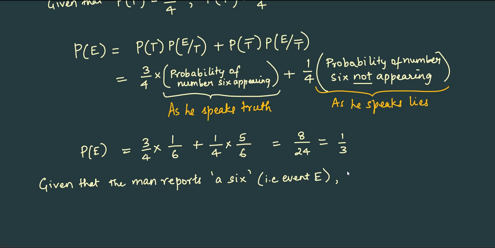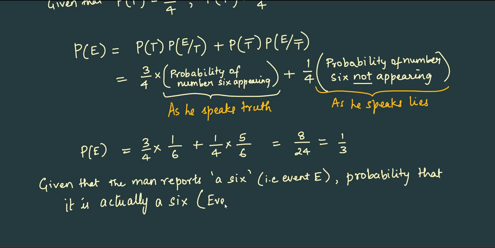Now the probability that it is actually a 6 is the event that he speaks truth.